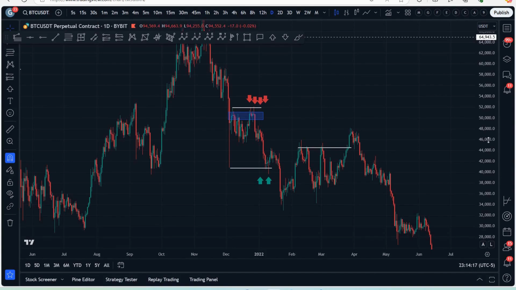You can have a look at the 4 hour, the 1 hour, the 30 minutes, 15 minutes, whatever you want to do. Because if you want to be a scalp trader, you have to look at it on a 5 minutes and on a 1 minute. If you are a day trader, you have to look at a 15, 30 minutes, 1 hour, 4 hour.